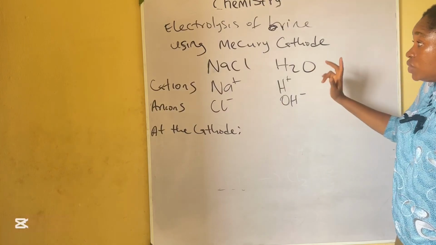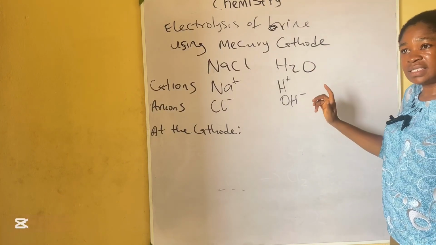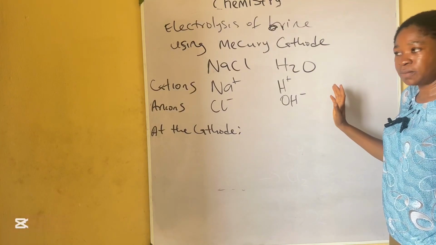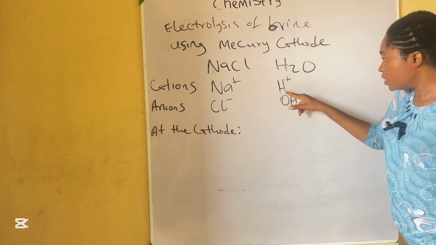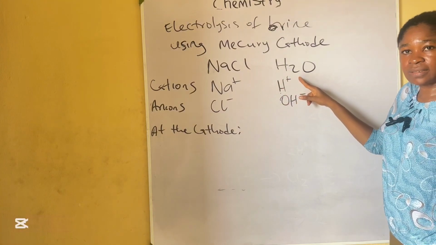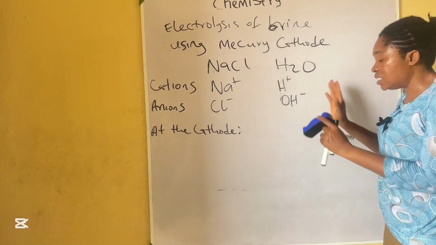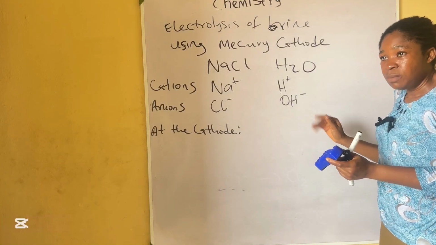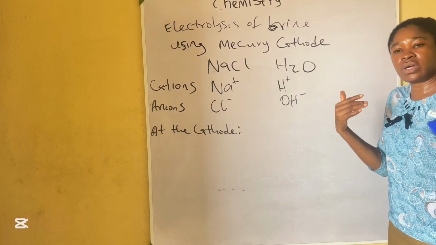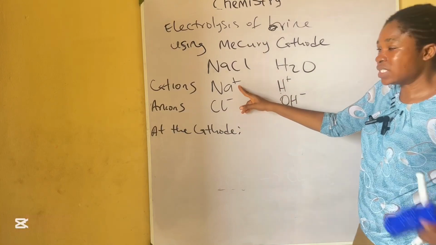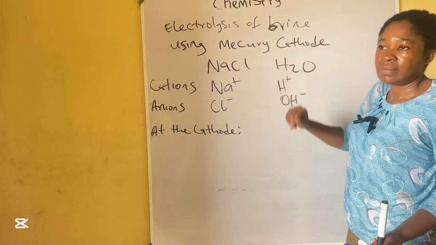Of course, the first one we did using graphite as cathode and anode, hydrogen ion was preferentially discharged as hydrogen gas. But in this case, yes, hydrogen ion is supposed to be preferentially discharged because it's lower in the electrochemical series, even though sodium is highly concentrated, because they are far apart.